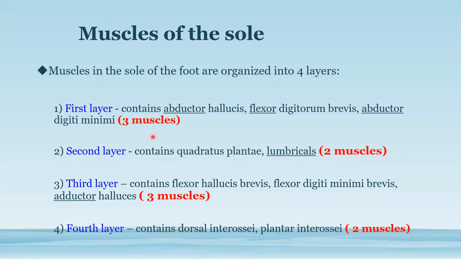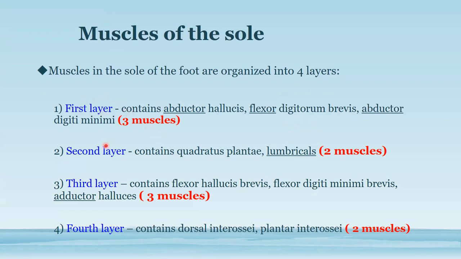The first layer, it has 3 muscles, the abductor hallucis, and hallucis means big toe, and abductor digiti minimi, abductor of the smallest toe. And then the flexor digitorum brevis. Okay, kalau brevis, digitorum, the 4 small toes, the first is the muscle of the first layer.